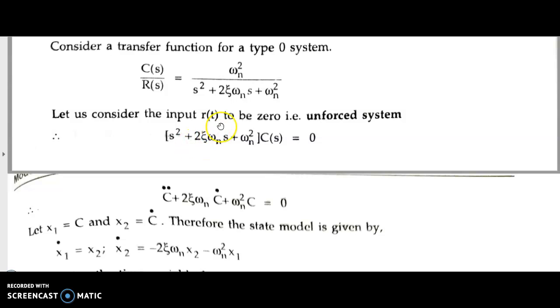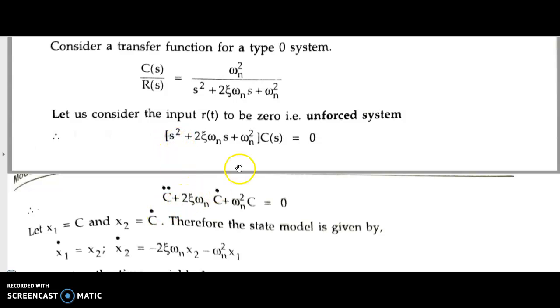Now you have to take the Laplace inverse transform here. s square plus s plus constant. x(t) in Laplace means X(s). x dot of t means s into X(s). x double dot of t means s square into X(s). Like that, apply the Laplace inverse for this. s square means two times differentiation, right?